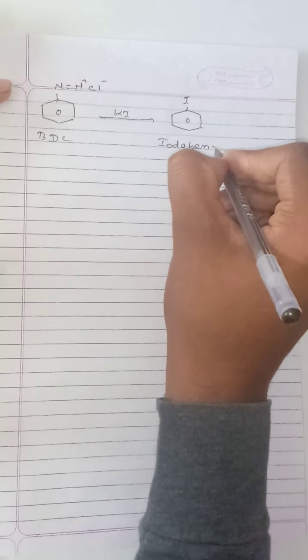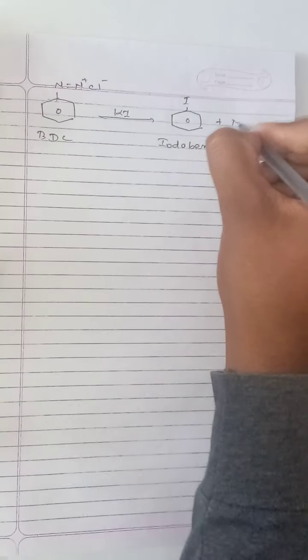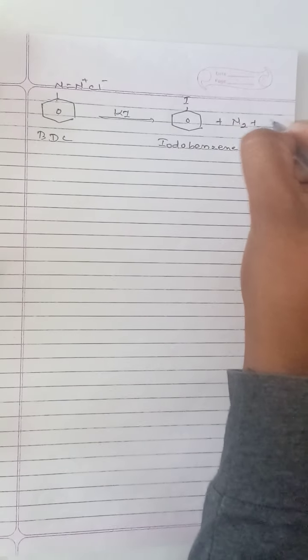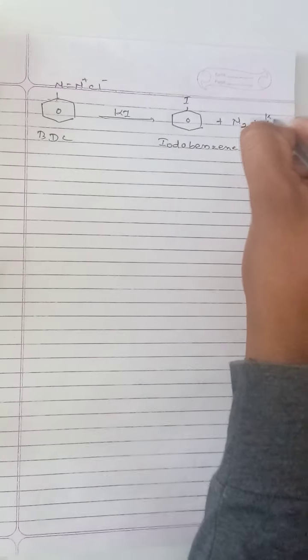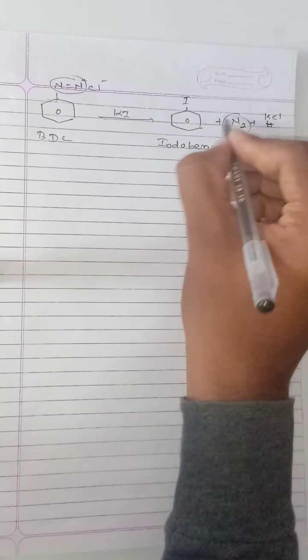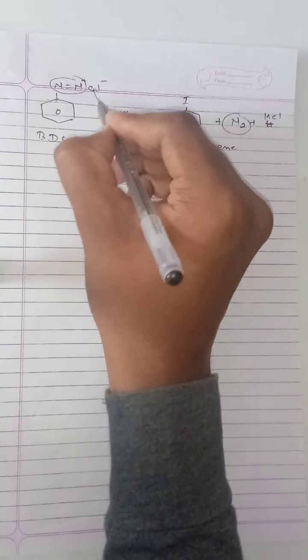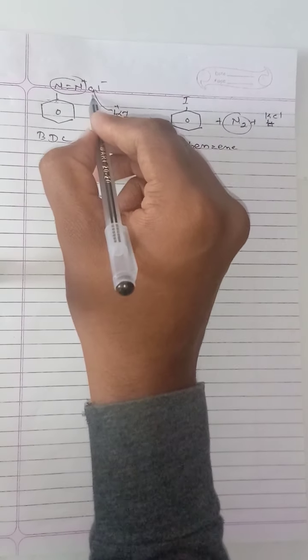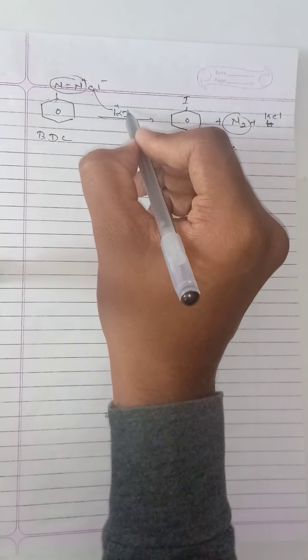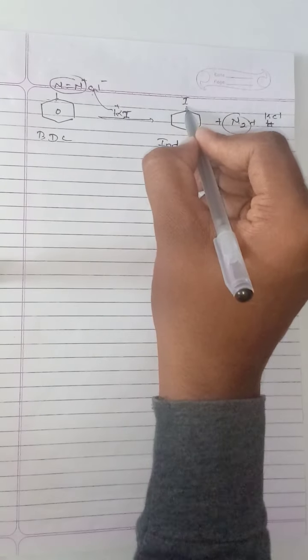Iodobenzene will be formed with nitrogen, and here KCl, potassium chloride. This nitrogen and this potassium react with the chloride atom, and iodine will be substituted on this carbon.